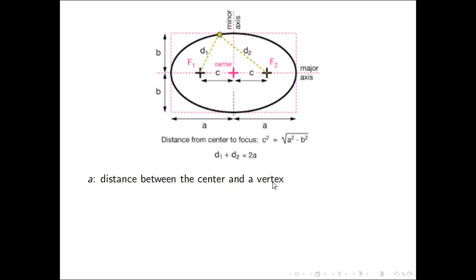There are two vertices, so the distance of the center from either vertex is the same, and we just denote that by A. In the figure, this would be A here and this one. So the major axis has length 2A. Similarly, we define B, the distance of the center from a co-vertex, so that the length of the minor axis is 2B.